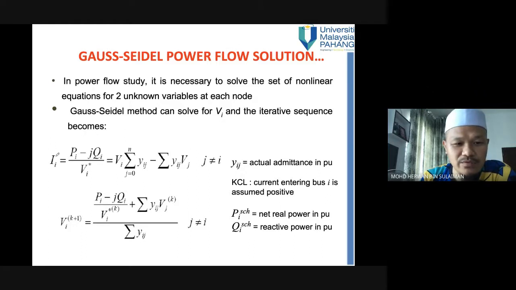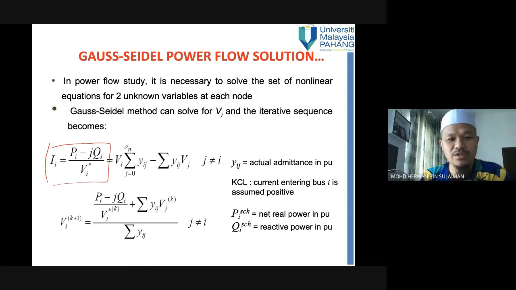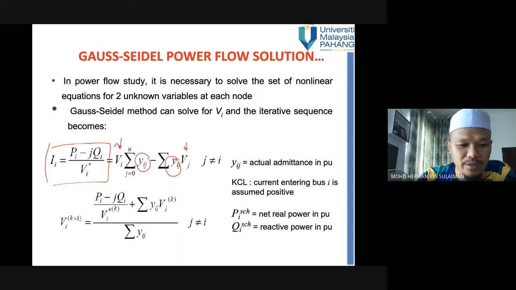So we remember that we have the general equation of the current here, where we can construct the equation in terms of sending end voltage and receiving end voltage, as well as our admittance. And if you remember, we discussed previously that when you do the rearrangement, you can get your voltage for the next iteration, k plus 1, from the current iteration k.